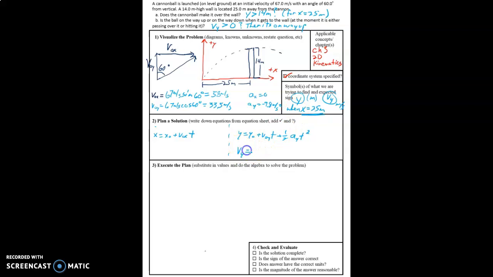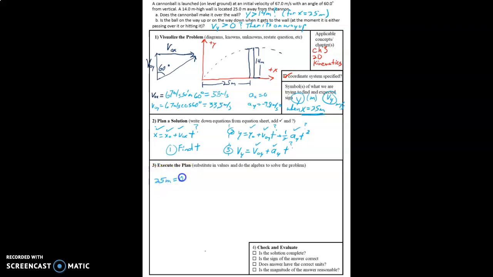And then Vy, we're not going to have to do any algebra here either, because we have a nice equation that will give us Vy. So we know this, we know this, we know this. We don't know the time, and we know v0y, we know ay. Okay, so first find t, and then here, and then here. So there's our plan. We'll go ahead and execute it.